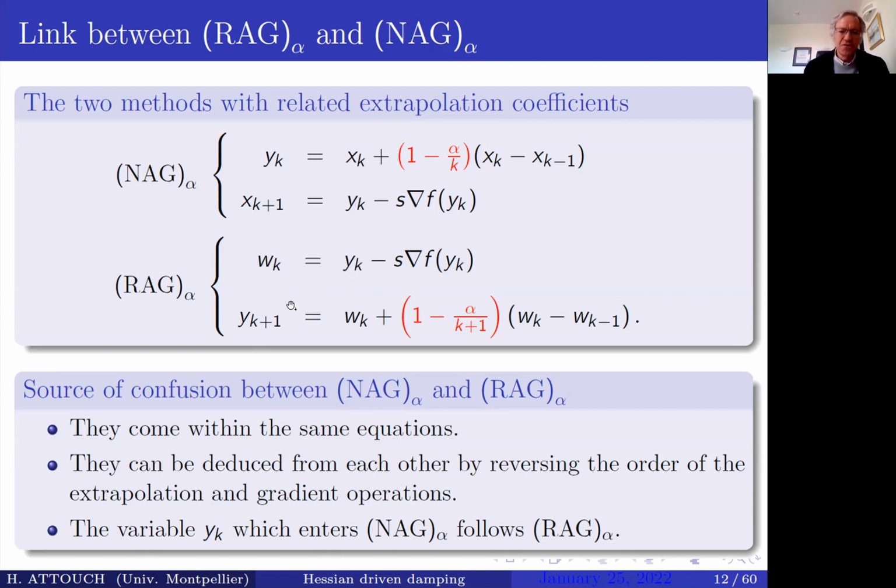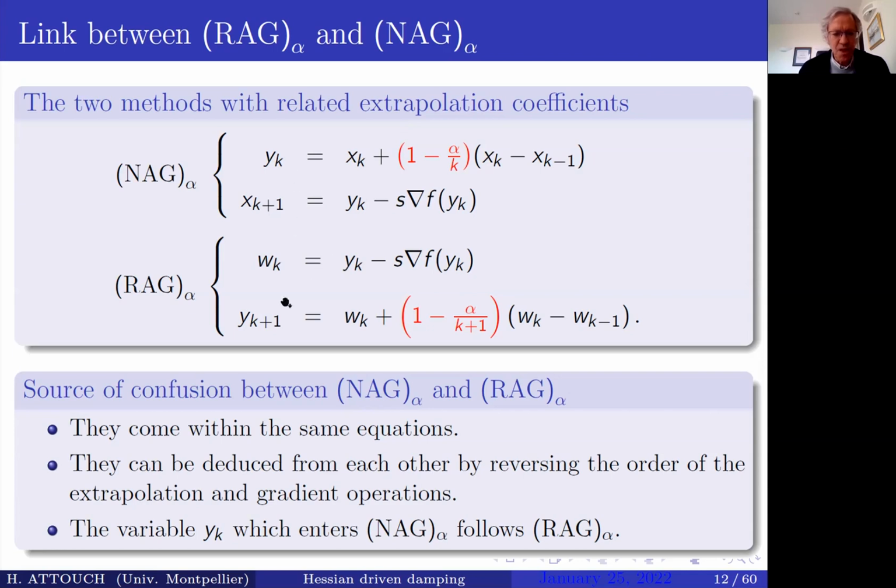Otherwise there is a lot of confusion in the literature. People say they work with the Nesterov method when, in fact, they work with RAG, and conversely. So the 2 methods are so closely, at least formally, related that you have to be very careful about notation and not make confusion.